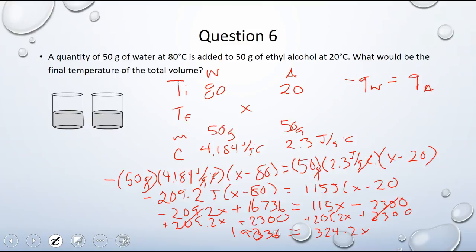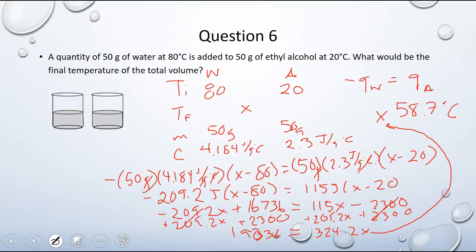Can't write very well here. And I'm going to divide that by 324.2, and I get x. Okay, x is equal to 58.7 degrees Celsius. That's what I'm going to end up with.